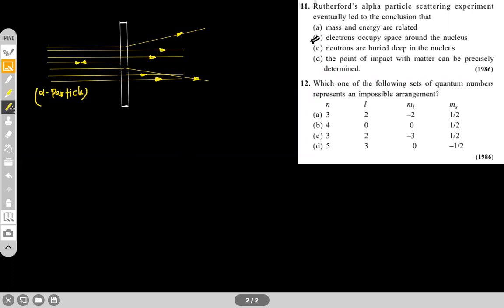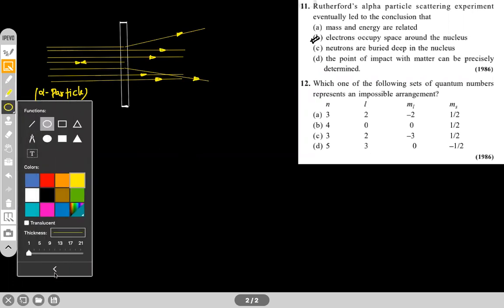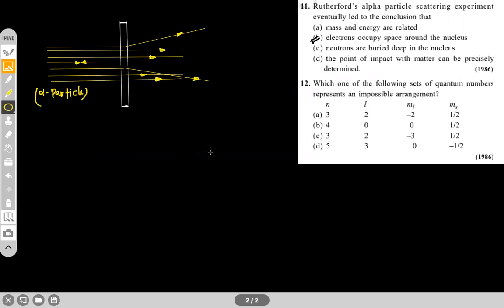Suppose this is the atom: we have the nucleus here, and electrons present in orbitals.